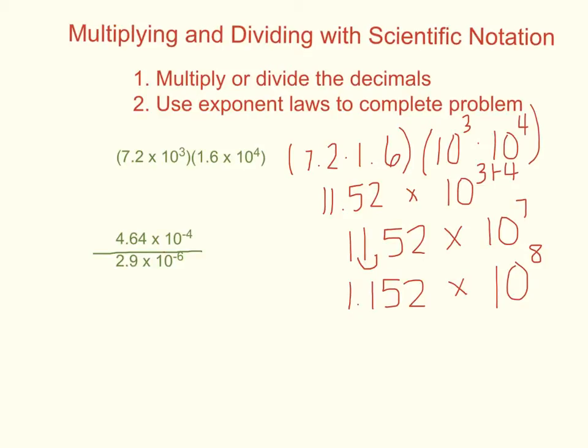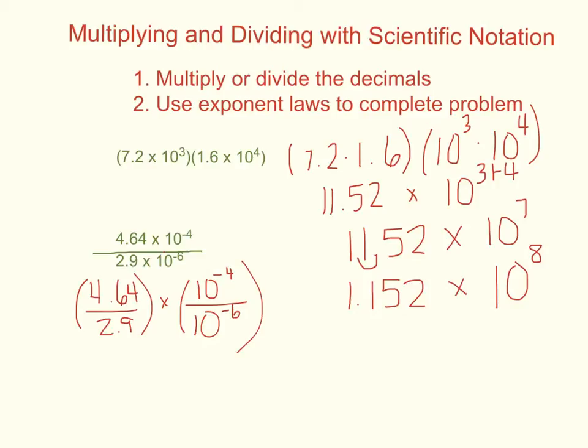So now we're going to look at dividing two numbers written in scientific notation. It's going to be the same thing. We're going to divide our decimals, 4.64 divided by 2.9, and we're going to divide our base of 10 to our exponents, to our negative exponents in this case. When we do 4.64 divided by 2.9, we would get 1.6.